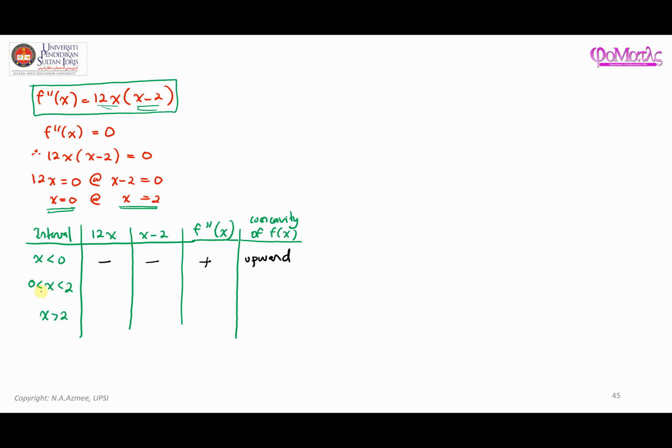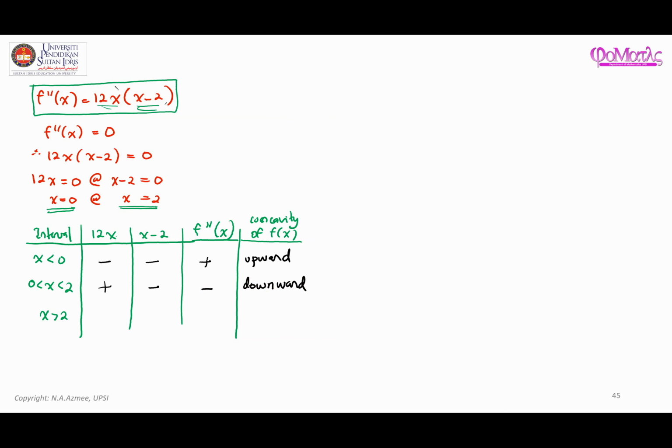For x between 0 and 2, for example, you can take x equals 1. 12x is going to be positive. This one is going to be negative. Therefore, positive times negative, because this factor is multiplied with this factor, then the result is going to be negative. So in this situation, the concavity of f(x) is going to be downward.